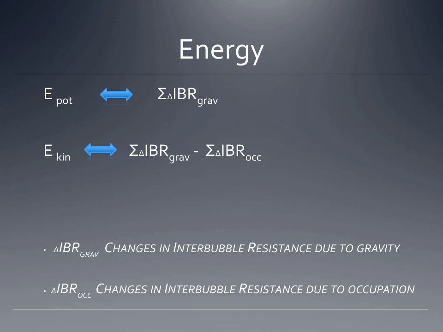So the potential energy of this particle is correlated with the sum of all interbubble resistance changes due to gravity. And the kinetic energy correlates with the potential energy minus the energy that is being used up by the occupational interbubble resistance changes.